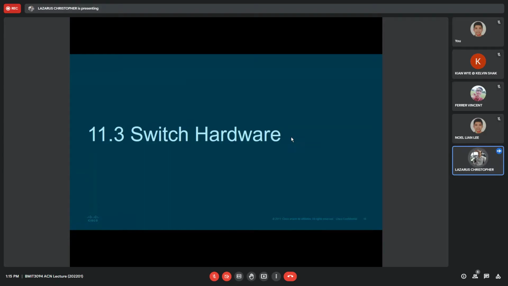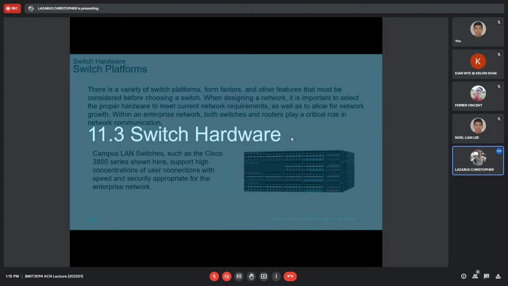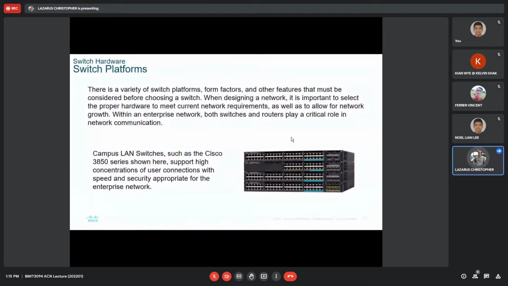I think we'll go very quickly on this one, just to identify some of the switch platforms that are available from Cisco. There are a lot of models, so you have to choose the correct model for the correct usage.